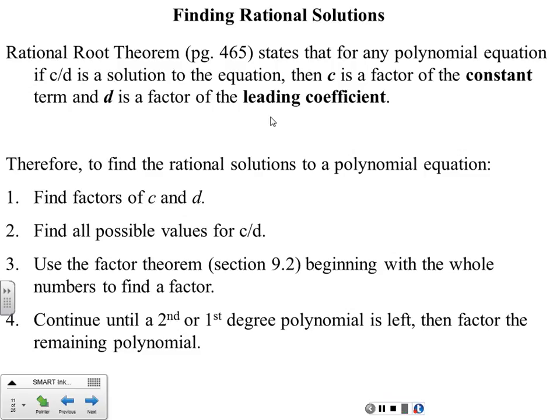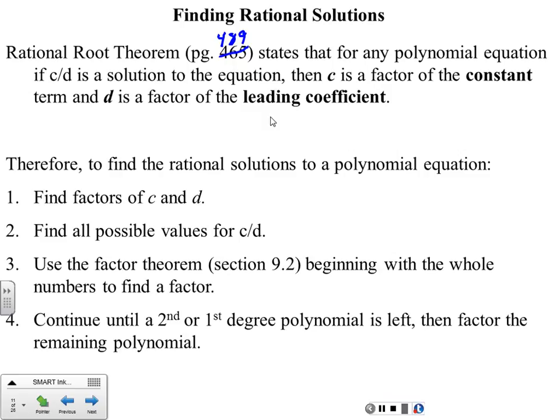So, rational root theorem. Finding rational solutions. And it's not page 465. It is page 489. The rational root theorem states that for any polynomial equation, if C over D, which somebody said, I think it's P over Q, this is where the P over Q comes into play. If you learned it as P's over Q's, it's the exact same thing.